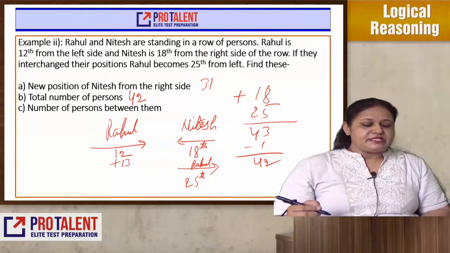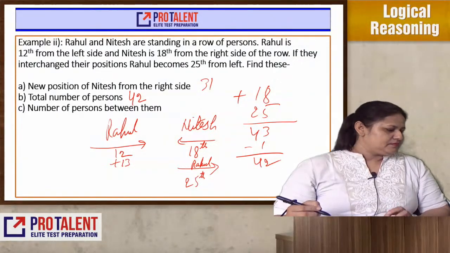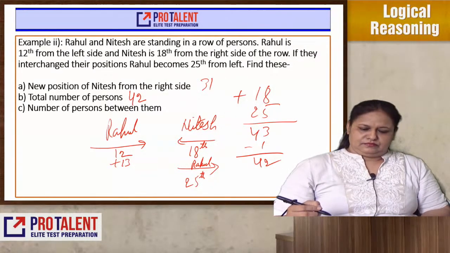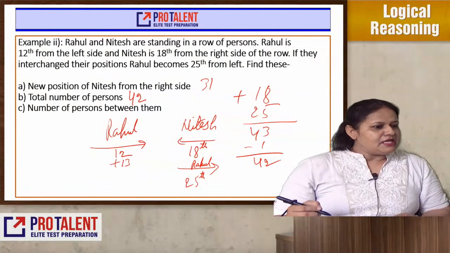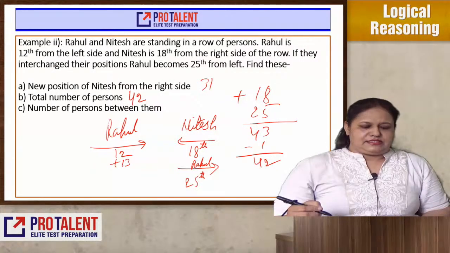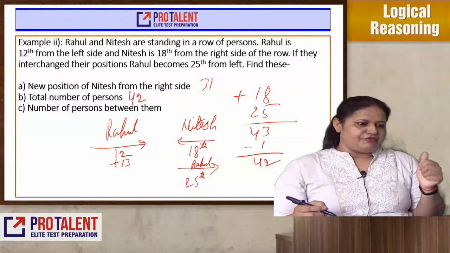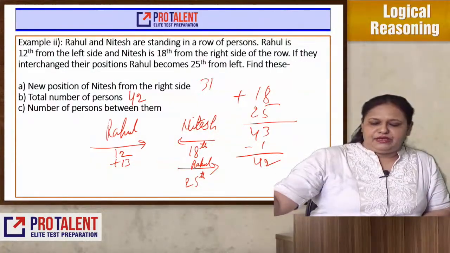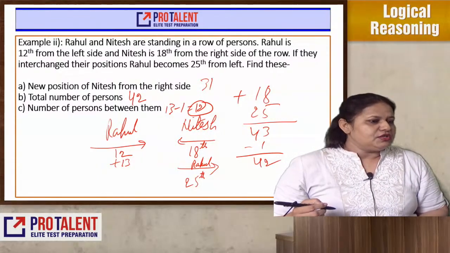And the number of persons between them? The answer is C, because of that 13. Minus 1 for the position of one person, since they interchanged positions. So 13 minus 1, the answer is going to be 12. Very good.